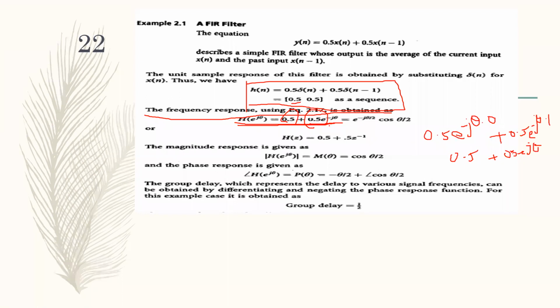And when you solve it, you take e raised to jθ by 2 common. So I can write e raised to minus jθ as e raised to minus jθ by 2 into e raised to minus jθ by 2.